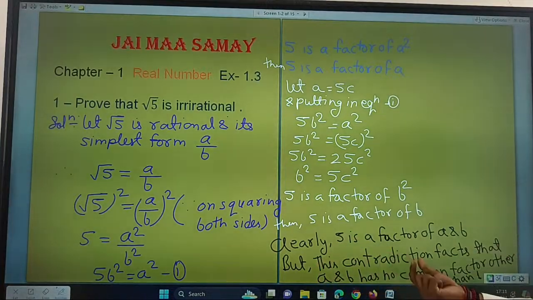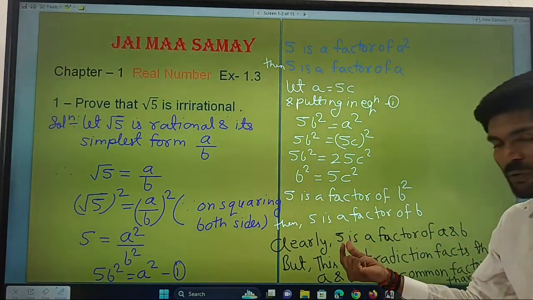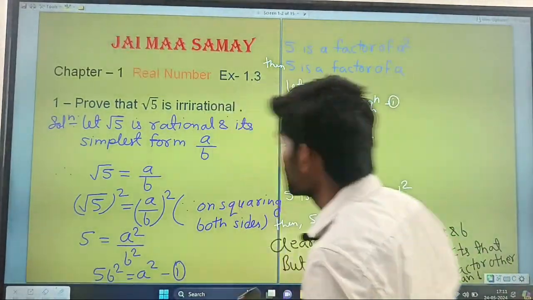Clear? But here what is the common factor? 5. That's why our assumption is wrong.